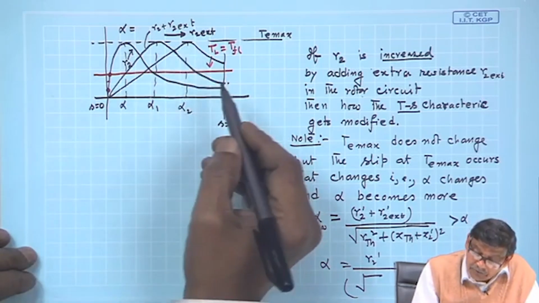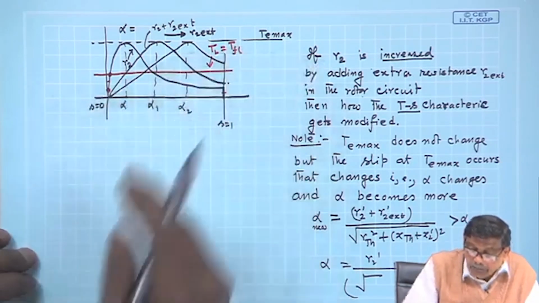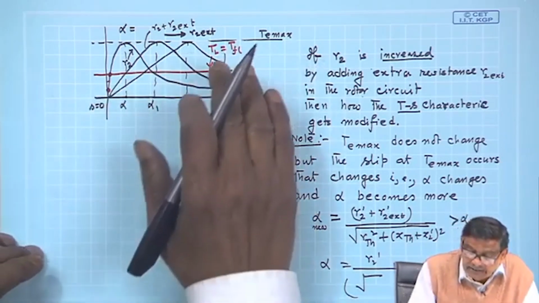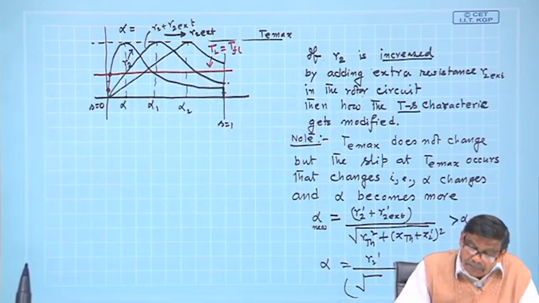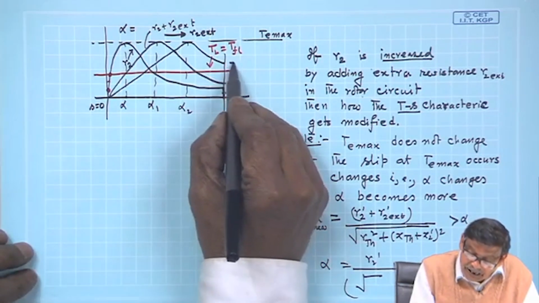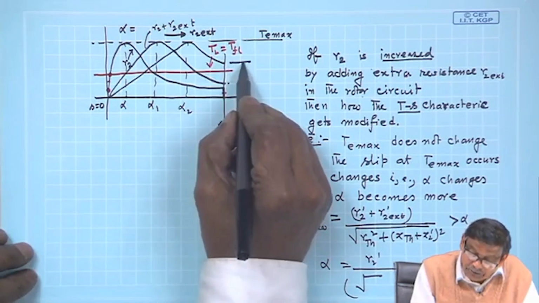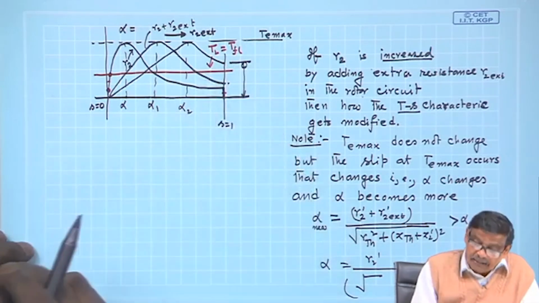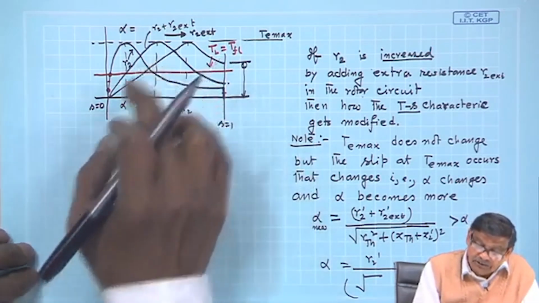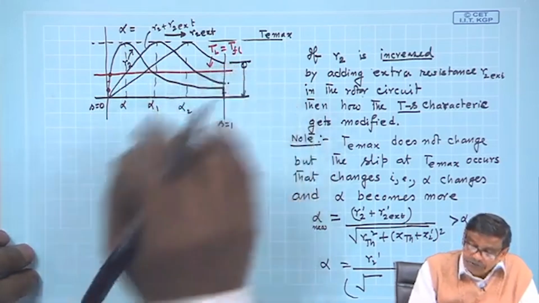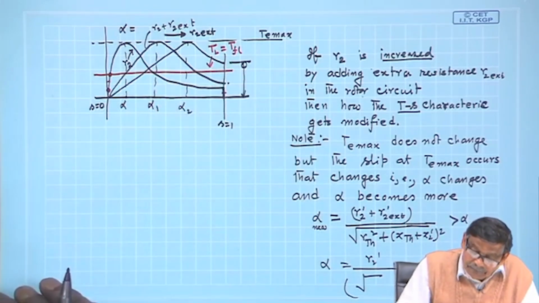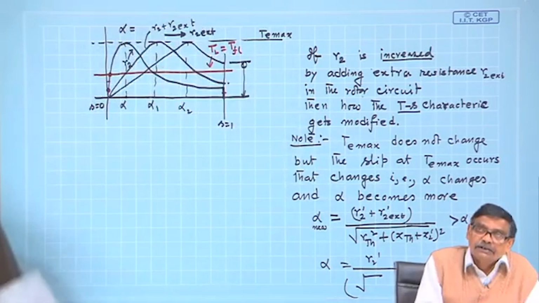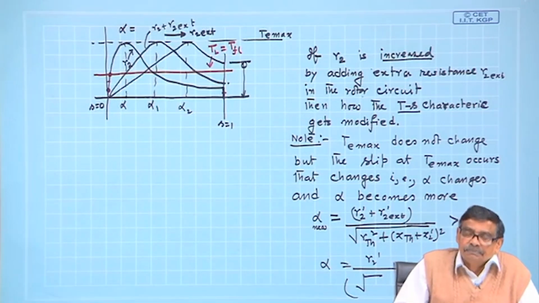And you now find that by incorporating an external resistance in the rotor circuit, the starting torque has now become greater than the load torque. And if you now switch on the supply with the opposing torque present, then the machine will start, no problem.